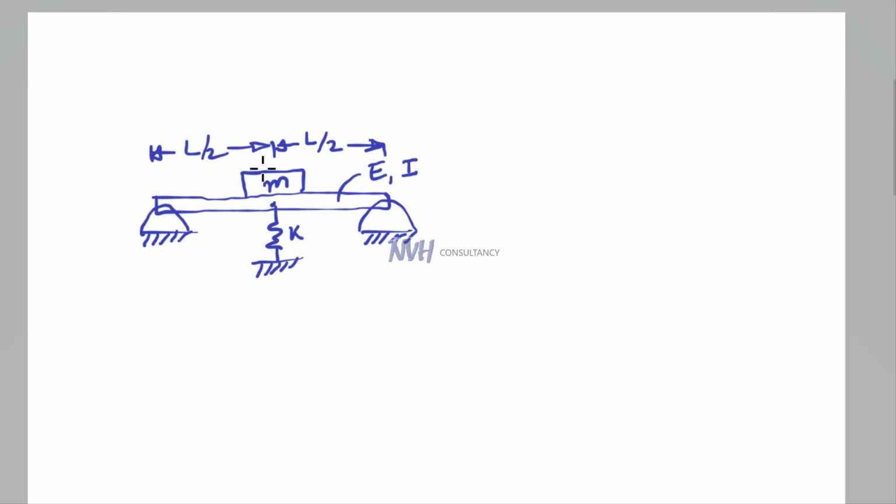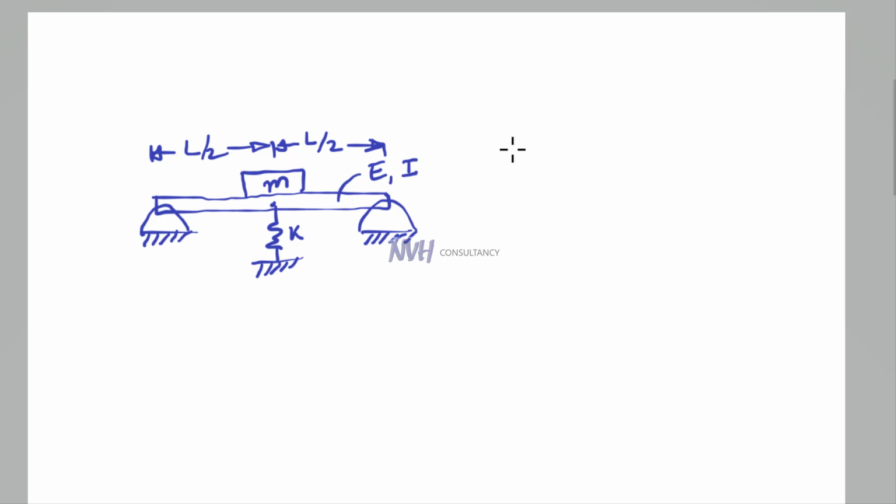So what we want to do is we want to find the equivalent stiffness of this system. So how to proceed? Basically we need to understand that the beam has its own stiffness. So the stiffness of the beam you can find by using the deflection equation of the beam.